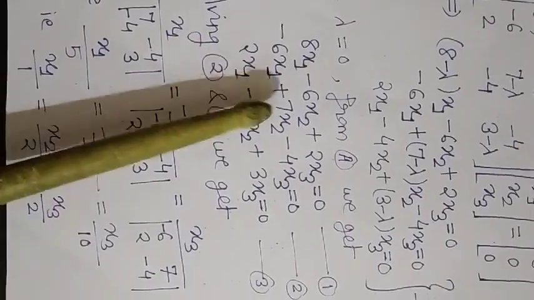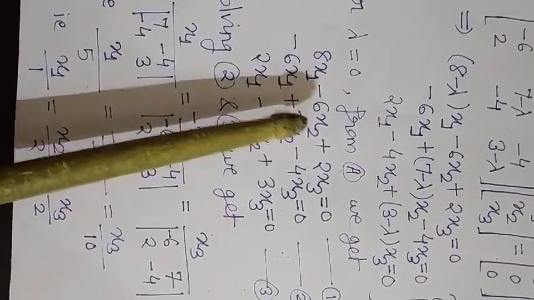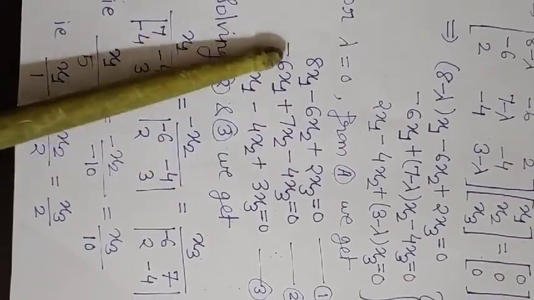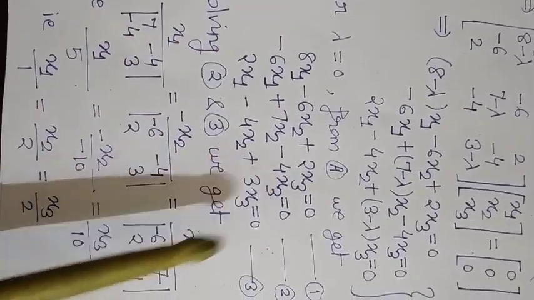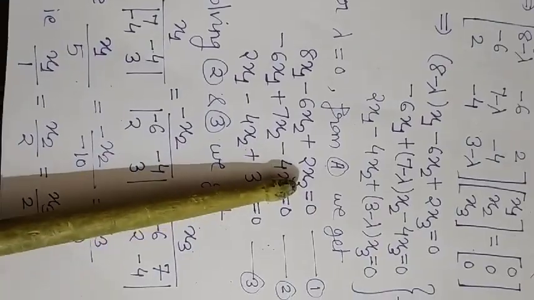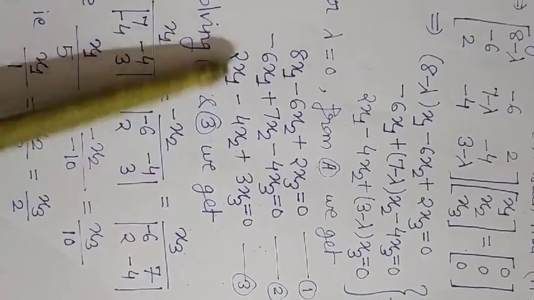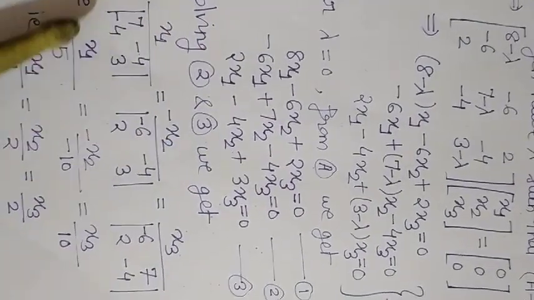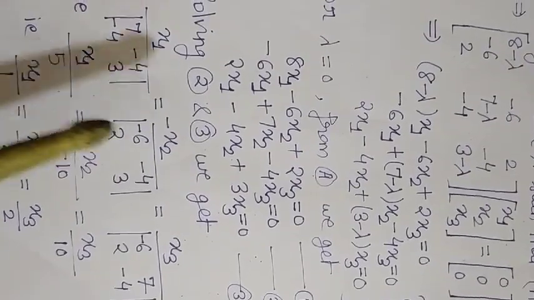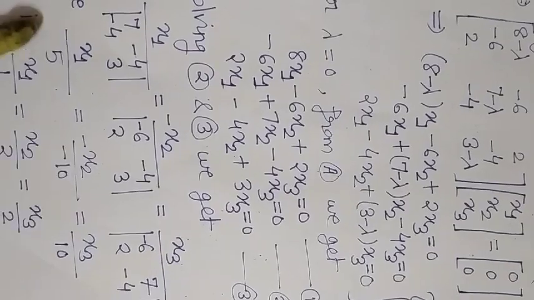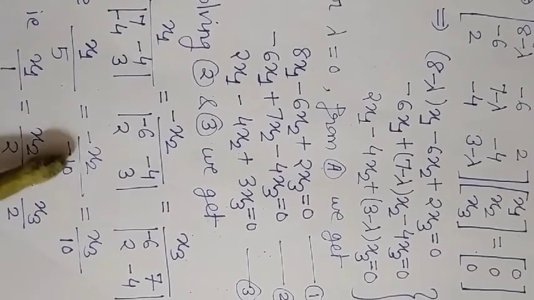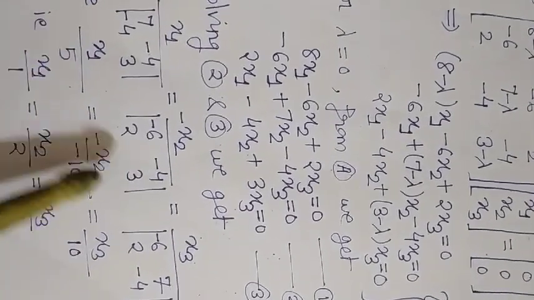So minus x2, now we will leave x2, write the remaining in the determinant. So it is minus 6 4, minus 4 2 3 equal to x3, then determinant of minus 6 7 2 minus 4. Solve this, we will get x1 upon 5 equal to minus x2 upon minus 10, equal to x3 upon 10. 5 is common in all the terms, so let us cancel out 5.